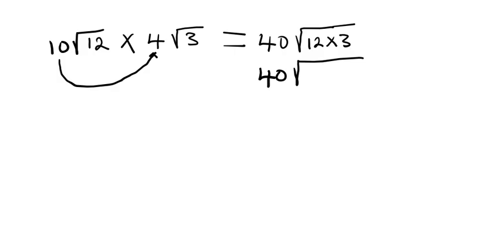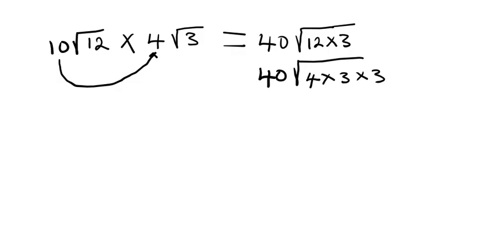So what we're going to do is we are going to get two numbers where one of them is a perfect square. So we have 4 and 3, so we have 4 multiplied by 3 multiplied by 3.